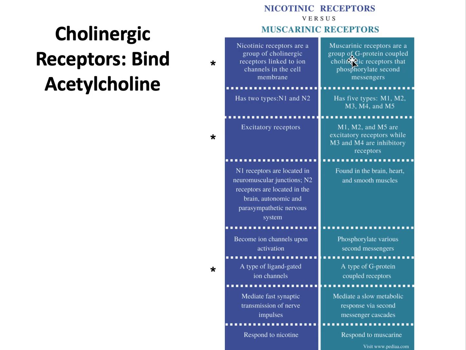Whereas the muscarinic acetylcholine receptors are G-protein coupled receptors. Using our terms from our previous lecture, those are metabotropic receptors. If you remember back, I think it may have been the first lecture, when we discussed how acetylcholine and norepinephrine can have both excitatory and inhibitory effects, I said that it depends on the receptor that it's binding to.